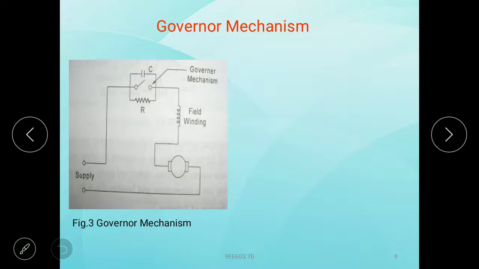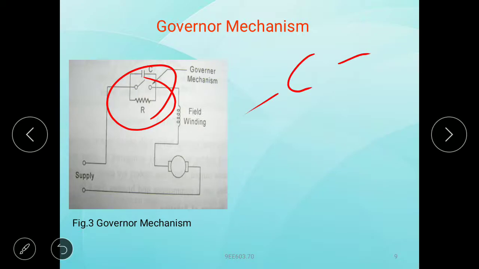Here is another method to control the speed. See this one: the capacitor C is connected, and the governor mechanism is connected, and another one is the resistance.